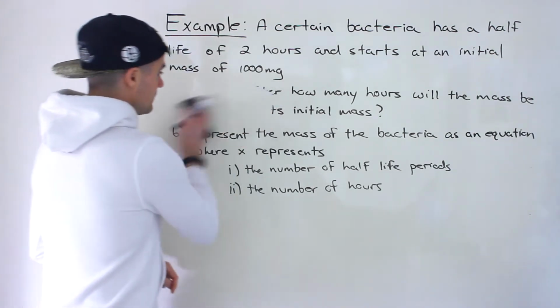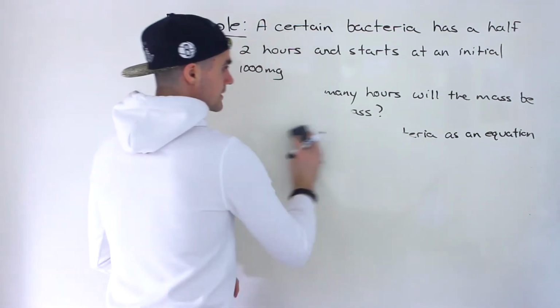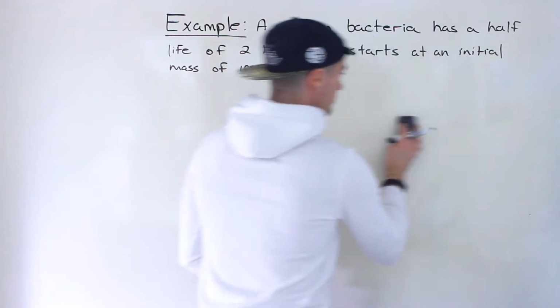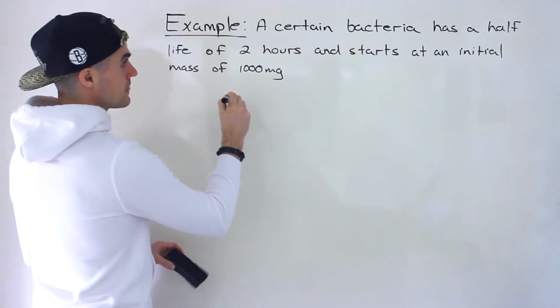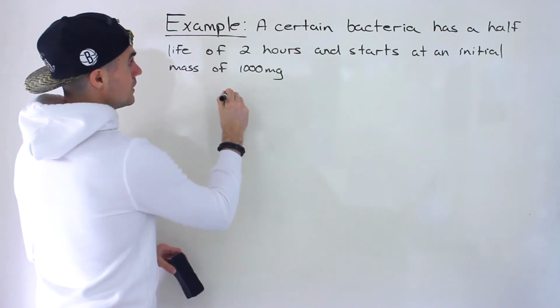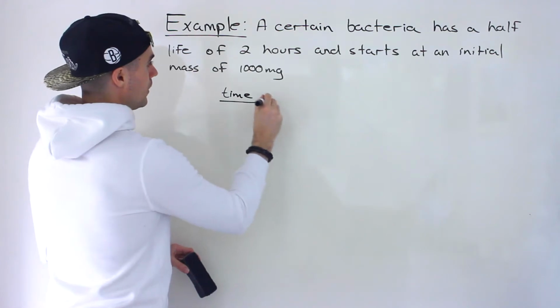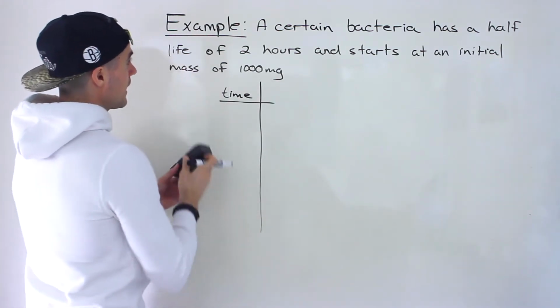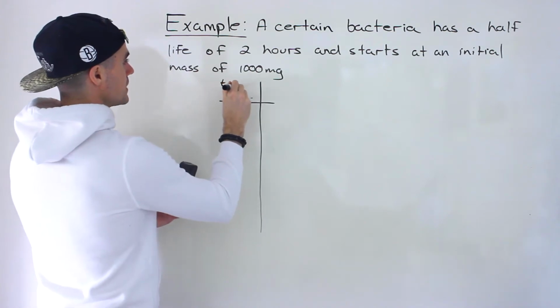So like I did in the previous video, let's start with a table. That's going to help us answer these questions. It's going to give us a nice breakdown of what's happening. We're going to have time on one column, and in this case, let's label it: it's going to be in hours.